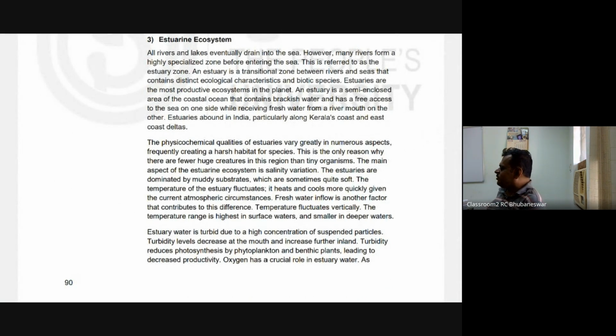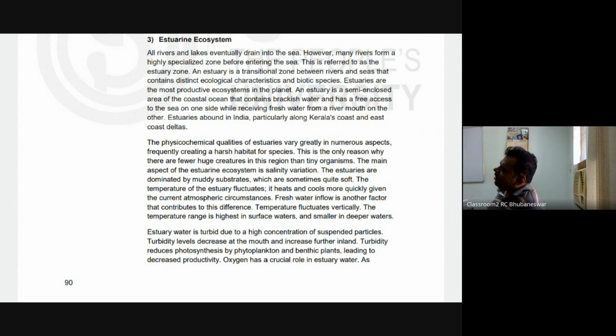Here a few examples of estuaries have been given. Even in Odisha you have Chilika Lake. The Chilika Lake has its own ecosystem, and you will see some species, plant communities and animal communities in that region.